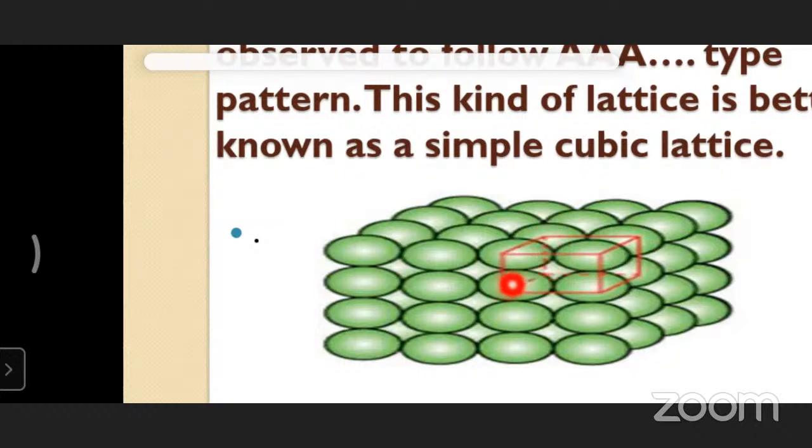The packing is available in all the directions, and because of that it can be called 3D packing.